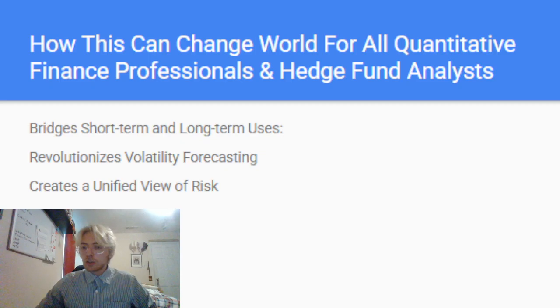For example, if you did a short-term model, you had to give up on things such as the interest rates and the Federal Reserve actions, and if you did a long-term model, it'd be the opposite, where you didn't get to take into account major changes in news and this political uncertainty. But now with both of these, we have this unified view of risk where we've got this all together and we don't have to take that sacrifice like we did before, which is going to heavily change how we look at things as financial analysts.